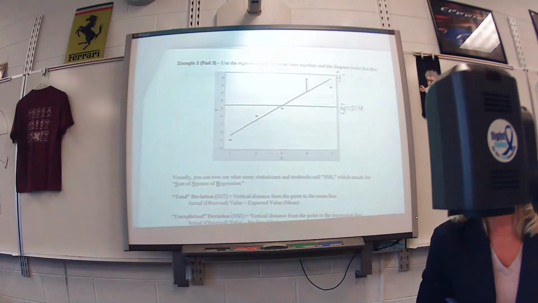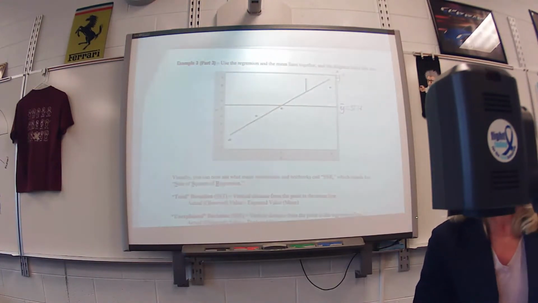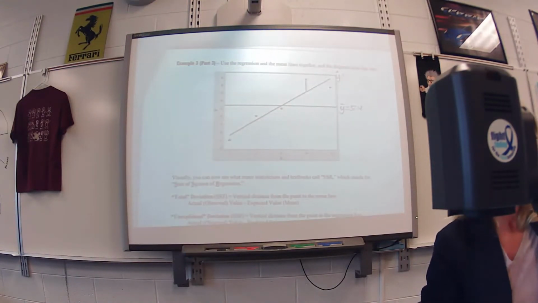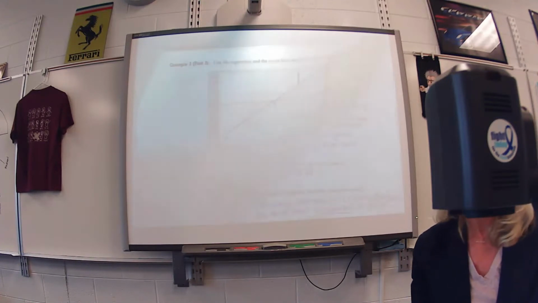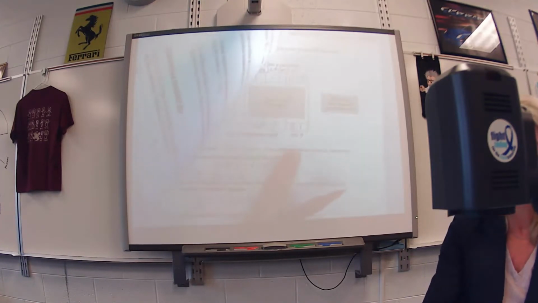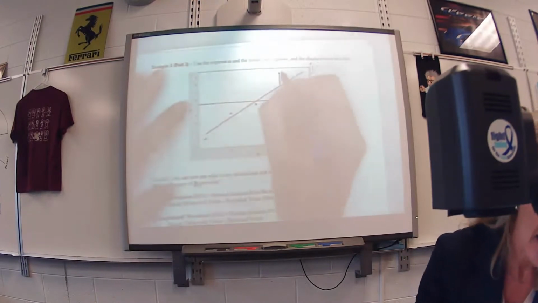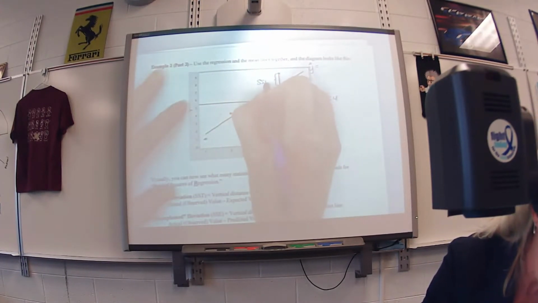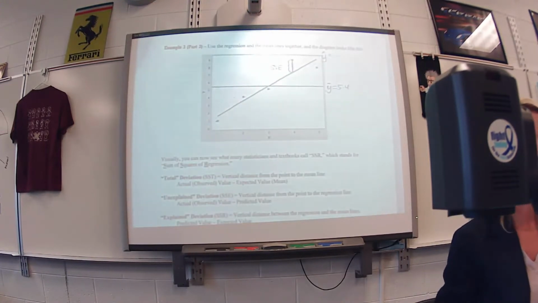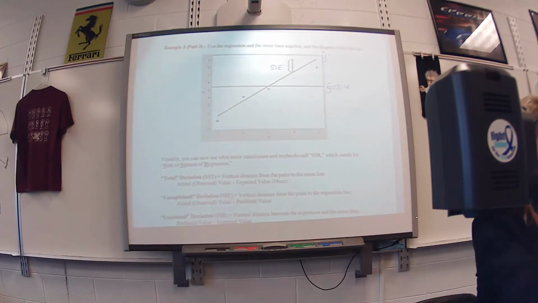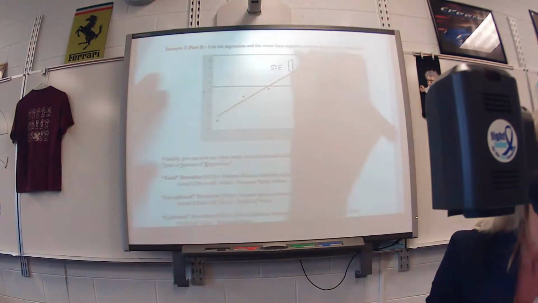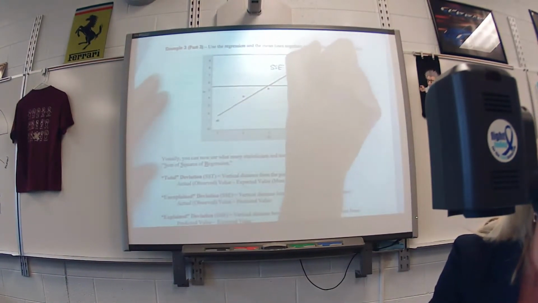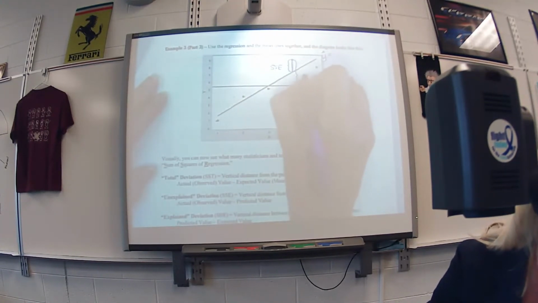We started by calculating those vertical distances and those squares. And that's what statisticians call SSE. So this is called SSE, the distance from the point to the trend line. Those give us all the SSEs. If we take that point and go all the way down to the mean line, that's what gave us our SSTs.